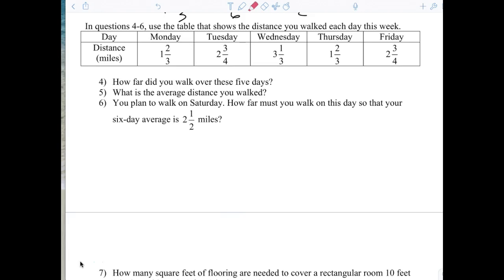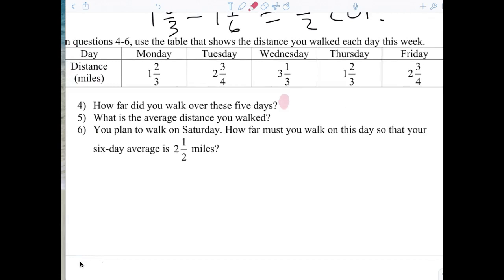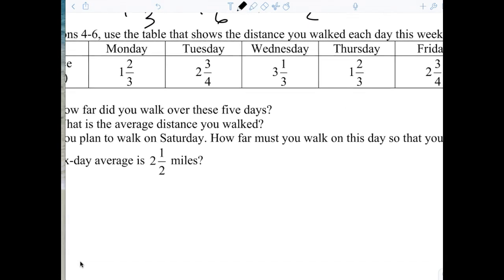Alex, what would I have to do? When you have to add them all up. All you do is add them up. All right, so now take out your calculator. You're adding Monday, Tuesday, Wednesday, Thursday, Friday. I'm waiting for your answer. 12 and 1/6.